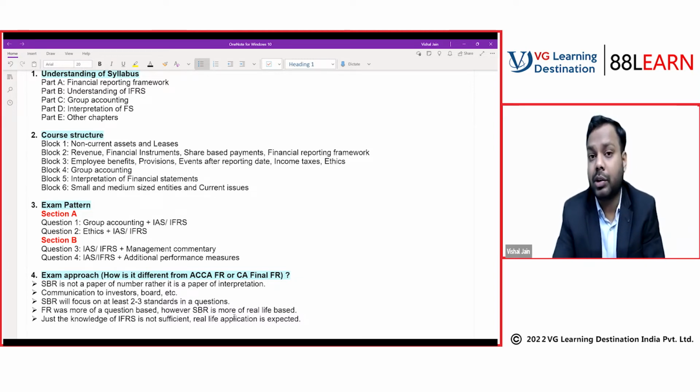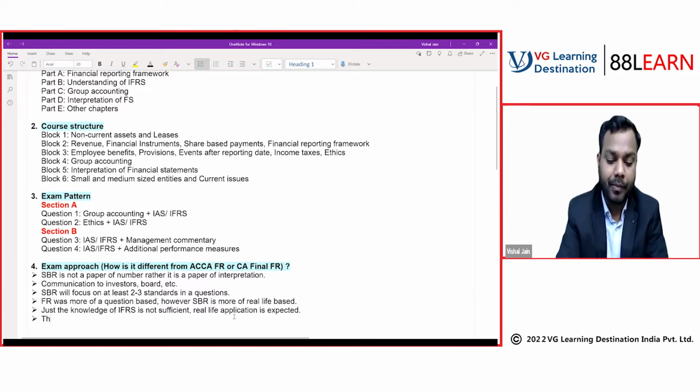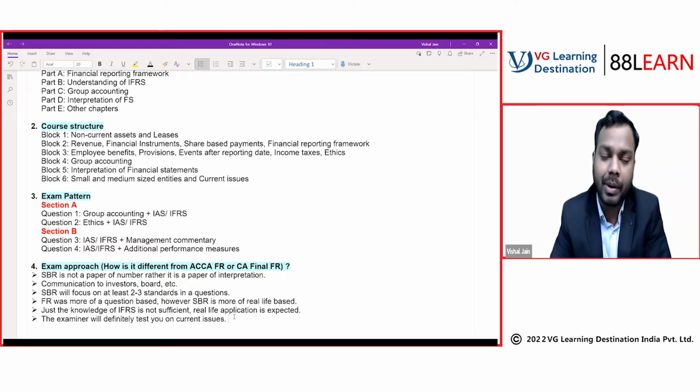Okay, and the examiner will definitely test you on current issues. Like the favorite current issue of the examiner for the last few attempts was COVID, right?